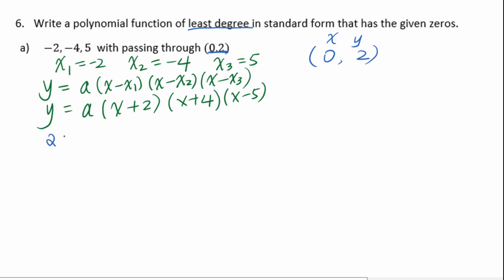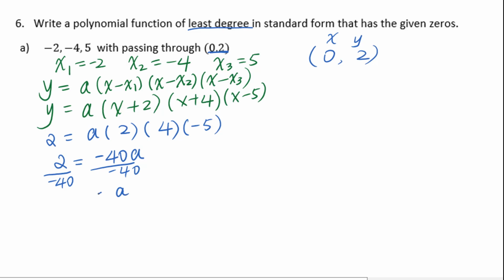You have 2 equals a times (0 plus 2), which is 2, times (0 plus 4), which is 4, times (0 minus 5), which is -5. So we have 2 equals -40a. Then we divide by -40 on both sides.